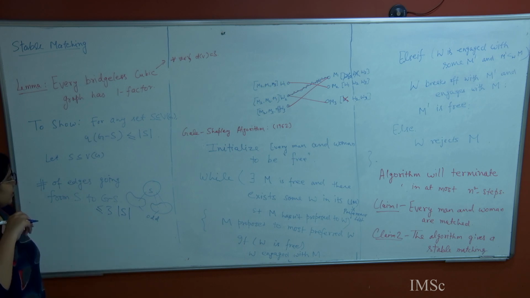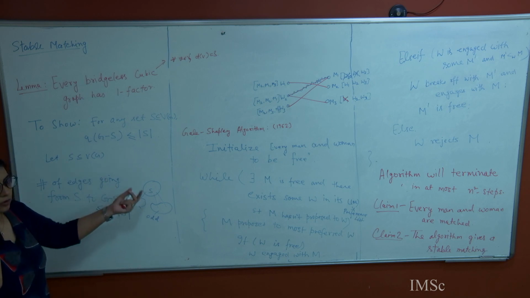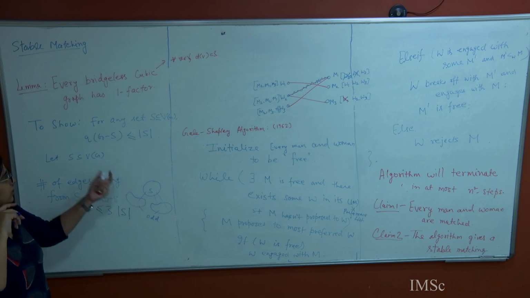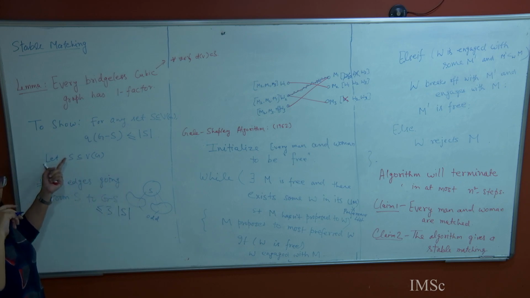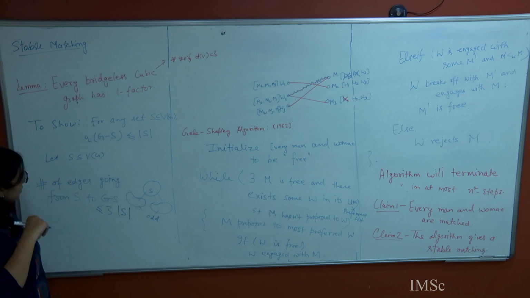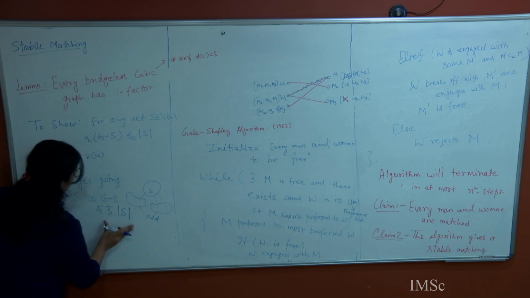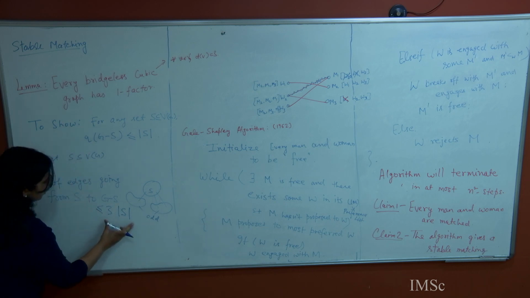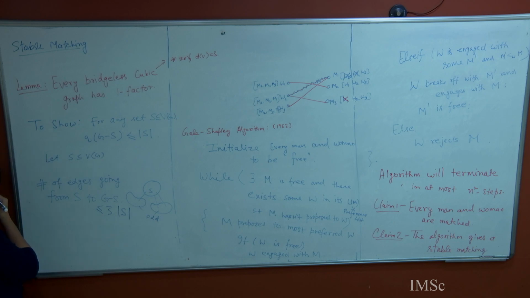This one is correct. 2 we cannot say for everybody. Okay, so for the upper bound we got 3 times the cardinality of S.